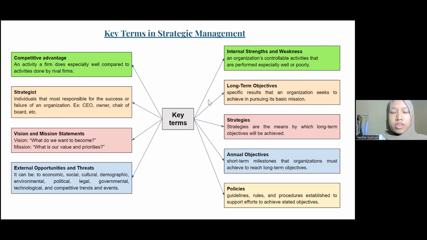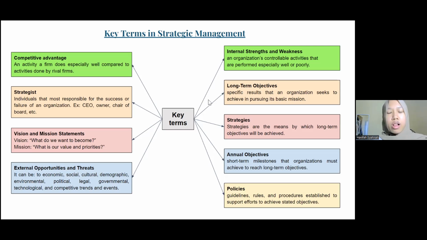And the third, in strategic management, we have the vision and mission statement. The vision and mission statement tells about the company's goals, the outcomes, and its mission, its values and priorities that it wants to pursue during the process. And the fourth, in strategic management, we also need to analyze external opportunities and threats.